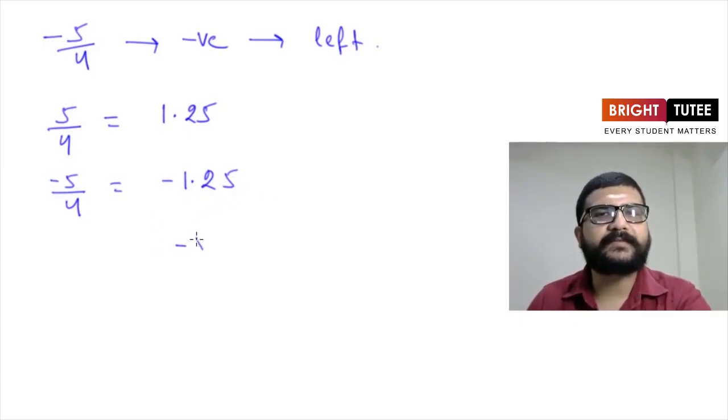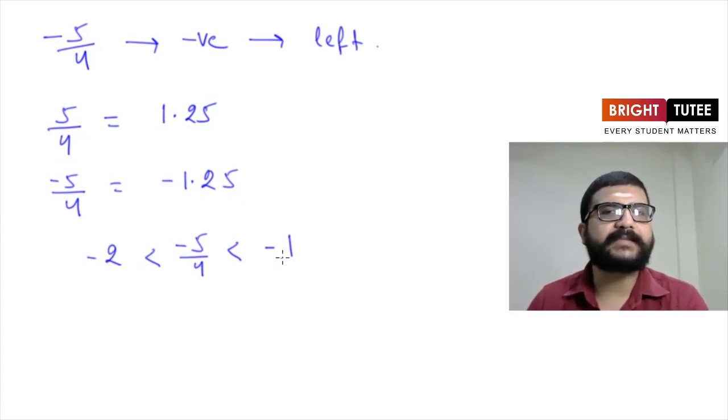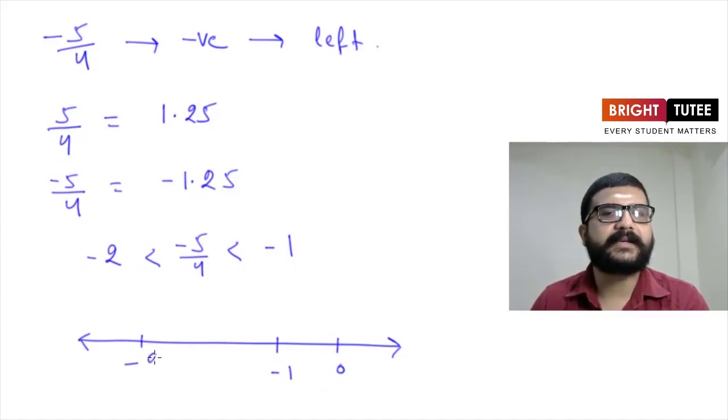So therefore minus 5 upon 4 will be less than minus 1 and greater than minus 2. So basically it is lying between minus 2 and minus 1. Now let's do one thing. Let's plot minus 1 and minus 2 on the number line. Let's say here we are having 0 and here is minus 1 and somewhere here we are having minus 2.